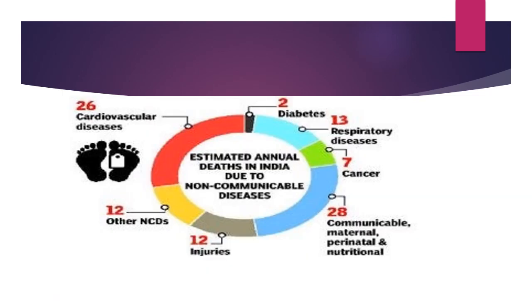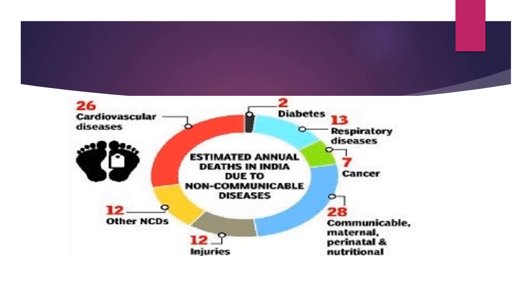When you see the statistics for estimated annual deaths in India due to non-communicable disease, 2% of deaths happen annually because of diabetes, 13% because of respiratory disease, and 7% because of cancer.